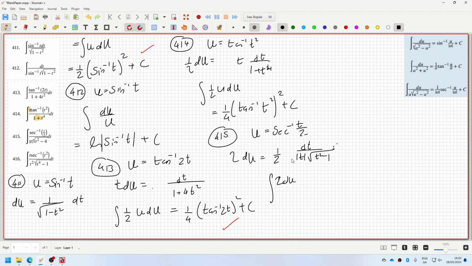So 2 du is that, which is, yeah. So that's 2u du. So that is u squared, sec inverse t over 2 squared, plus c.